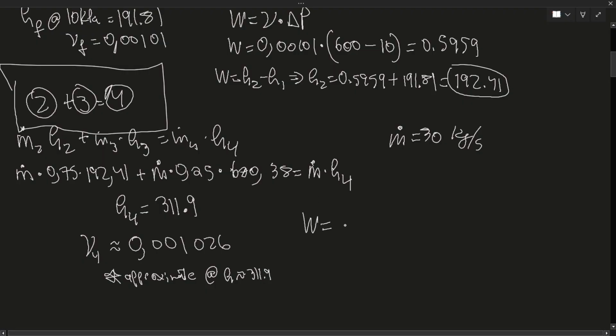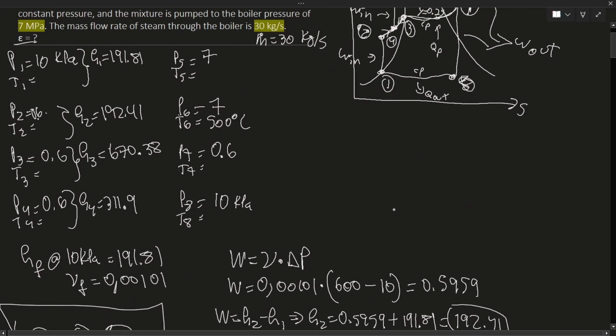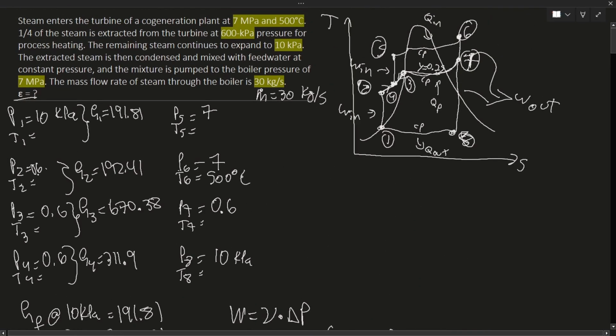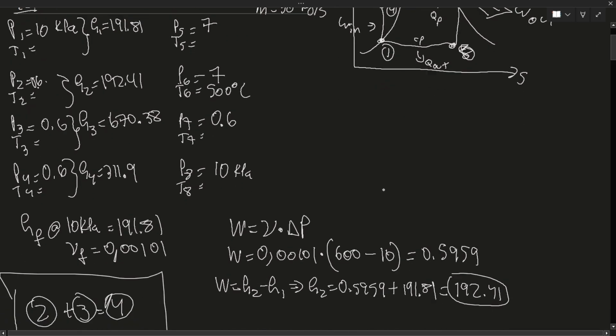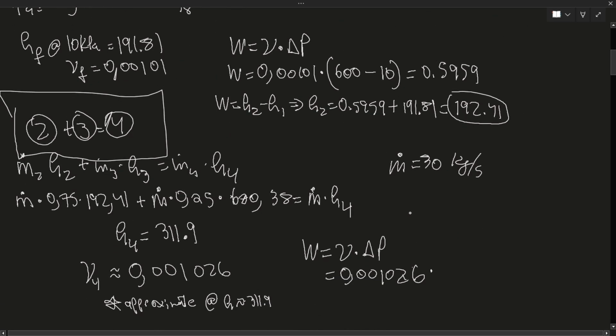So, W is equal to specific volume times delta P, equals 0.001026. It's already a super low number, so it doesn't matter. Times the pressure difference from point 5 to point 4. Point 5 is 7,000 kilopascals. Point 4 is 600. So, times 7,000 minus 600. Work is about 6.5664.